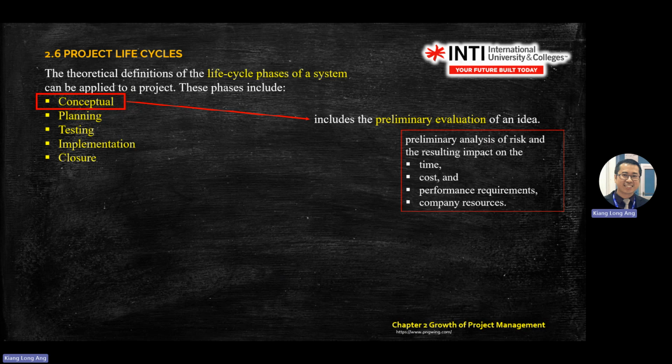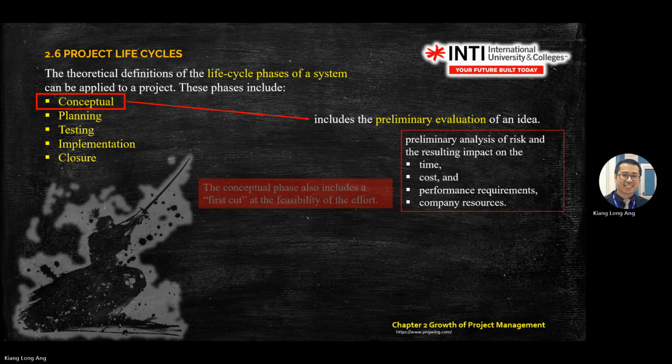For your FYP 1, you need to generate a preliminary evaluation for your projects. In project management evaluation, you check time, cost, quality or performance requirement, and the company resources. So in this analysis, you check time, cost, performance, and the resources you have.